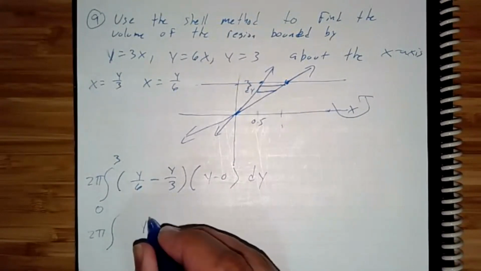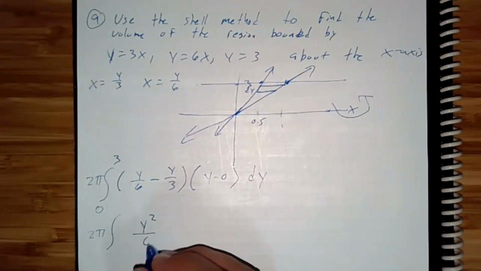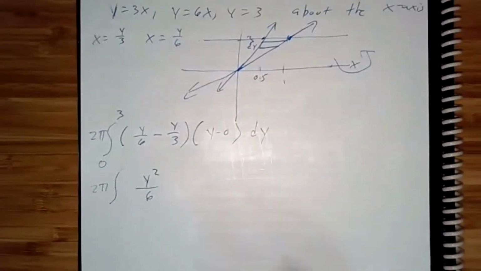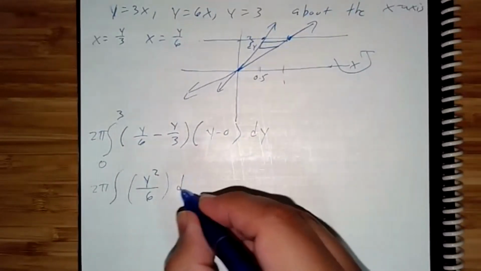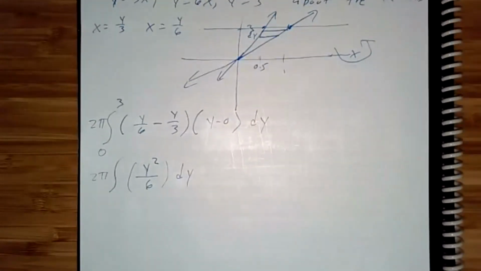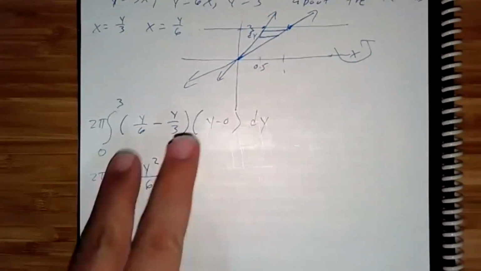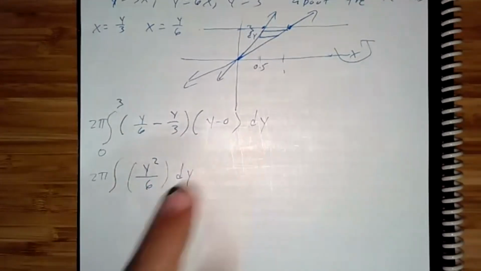So it'll be this. Be cool if I skip the multiplication step. So combine these and then multiply by y. You get this.